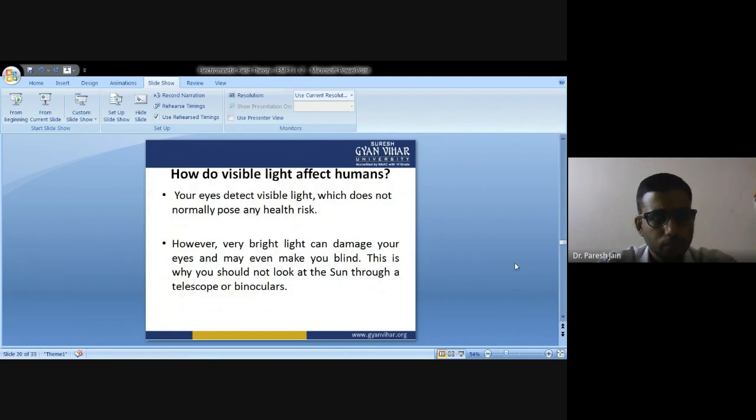How does visible light affect the human body? Your eyes detect the visible light, which does not normally pose any health risk.